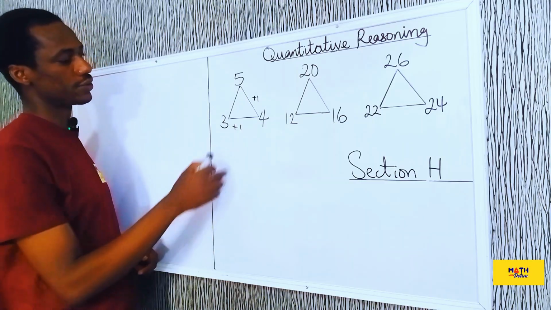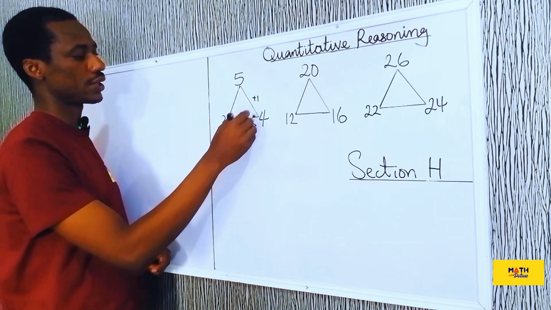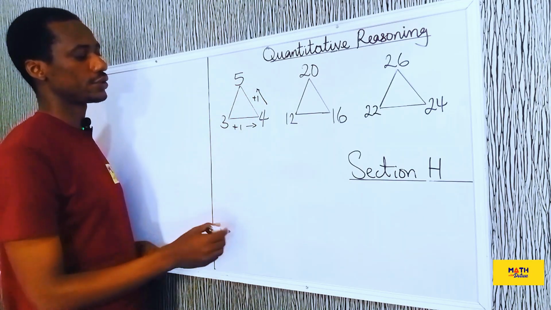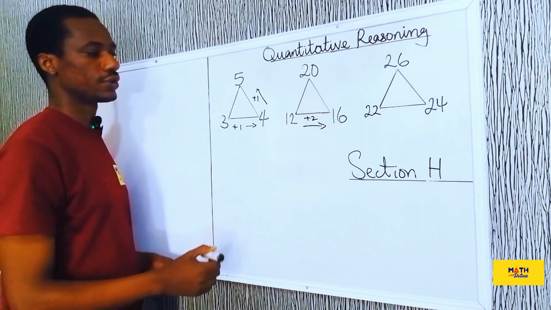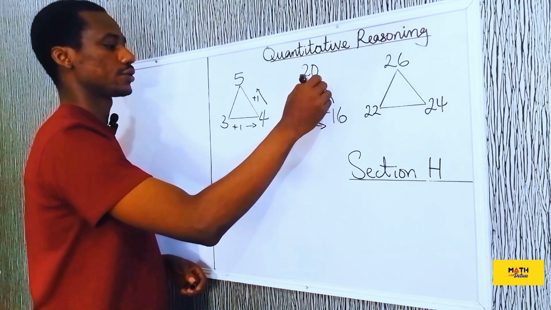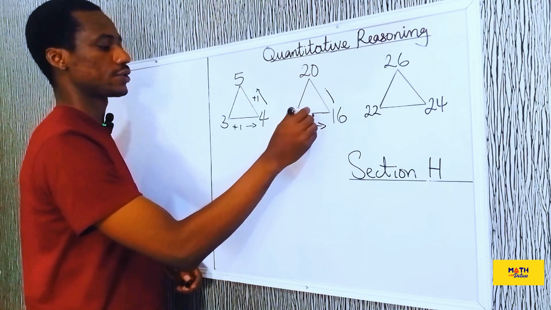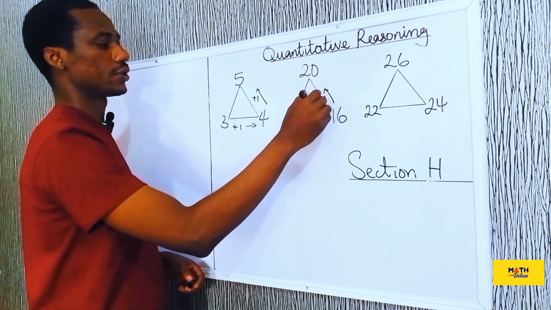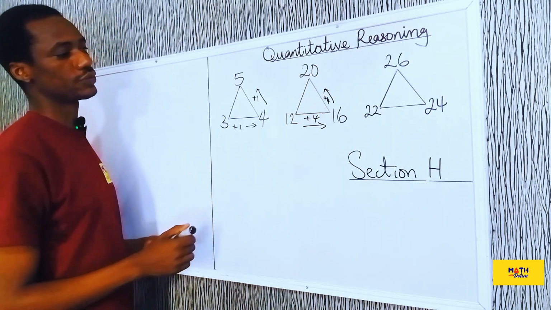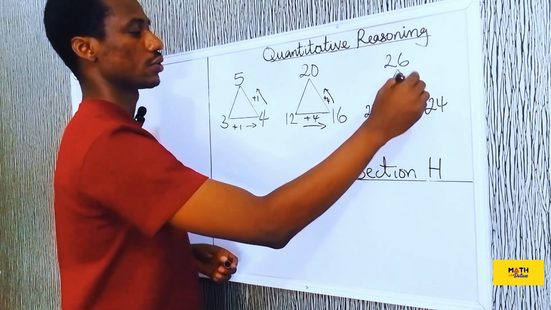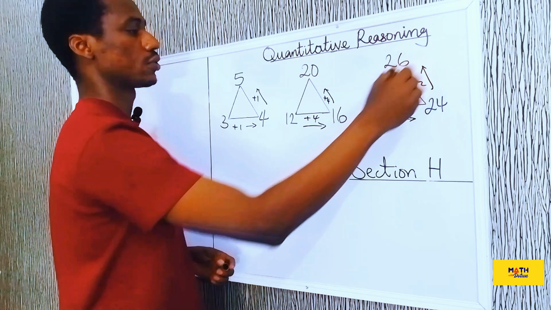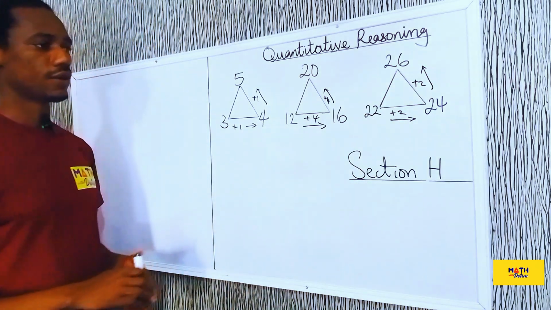Plus 1, and then you go like this. Here you have plus 2, and then you have 16. Sorry, that's 4, right? Plus 4, and then plus 4, you have 20. Here you have plus 2, plus 2.